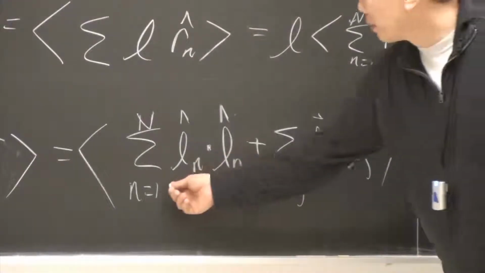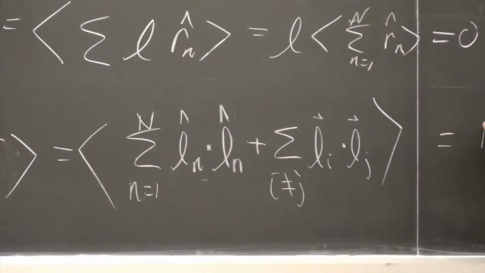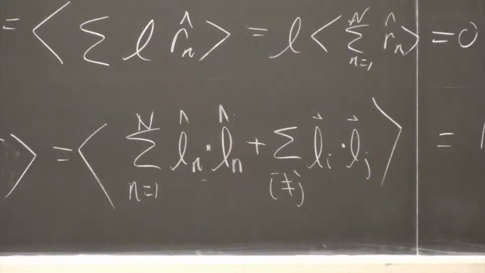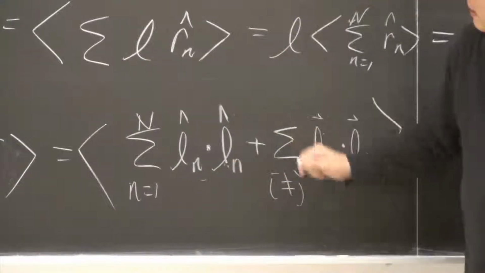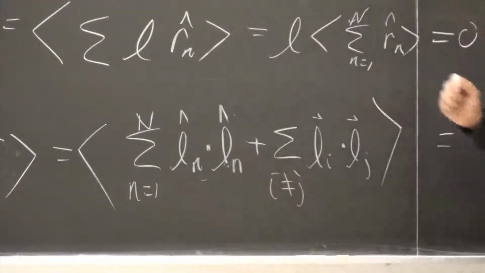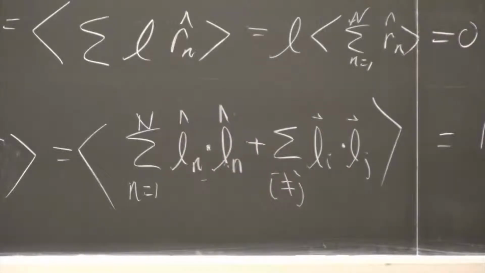And then you're summing it from i equal 1 to n. So what you get there is just n times L squared. Sorry, this product is L squared, because L is the length of the unit times the unit vector. So this term will give you n times L squared.